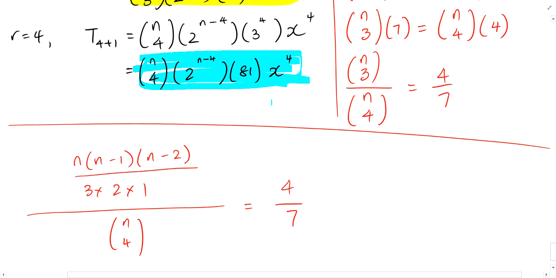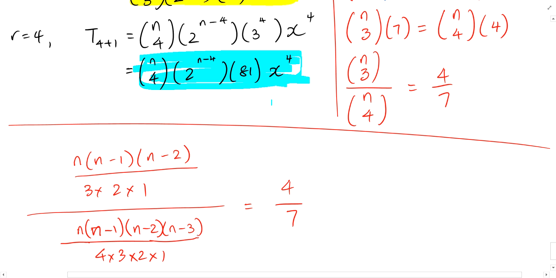Okay. What about the denominator? Are you liking what you are seeing? Okay, continue. This is n, n minus 1, n minus 2, n minus 3. Do you like this?